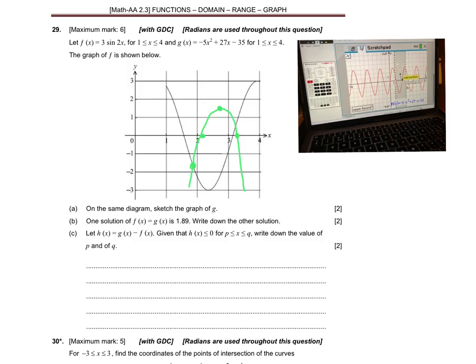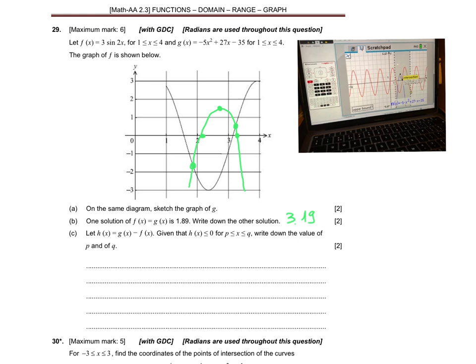And then if we go over, that's the 3.18, 0.268. Okay, and label all these points. Okay, one solution is 1.89. So that was the previous one right there. The other one is 3.19.